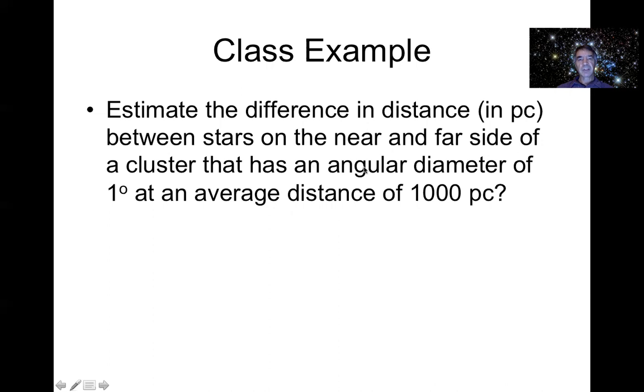If the star cluster has an angular diameter of 1 degree, so be careful with the units here, and the average distance of the stars in the cluster is 1,000 parsecs, can you estimate the difference in distance between stars on the near side and the far side of that cluster as we view it? You'll need to apply what we learnt about angular size relating to physical size in the first workshop. So have a go at that problem and come back after the break.